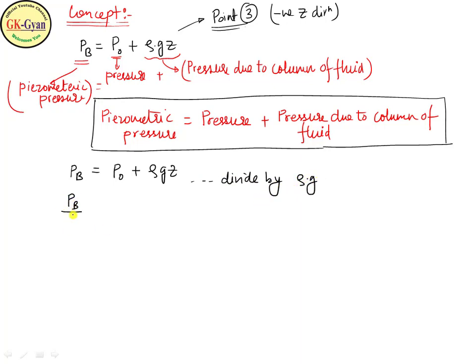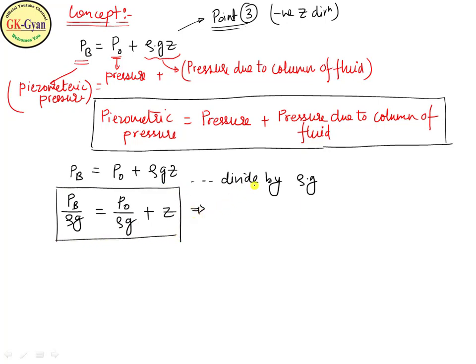So it will be PB by rho G equal to P0 by rho G plus, here rho G cancels, it will be Z. And this term, the units will be in terms of meters of liquid. It is meters of liquid, any liquid, it may be water or mercury. So in terms of meters of liquid.